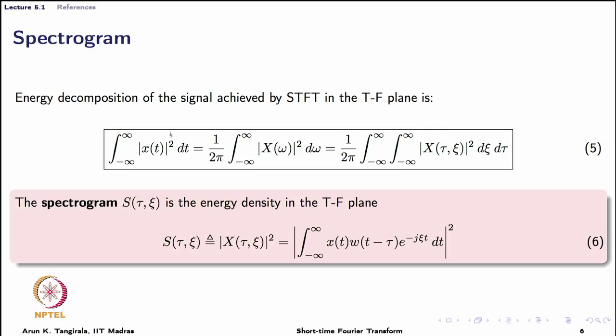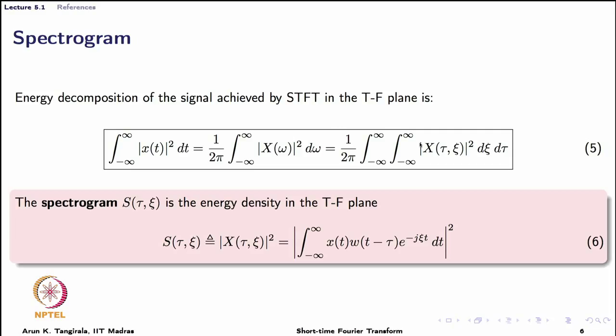Now, equation 5 here gives me the basis for defining the spectrogram as a squared magnitude of the short time Fourier transform. So, I have here on the left hand side the energy of the signal defined in time, and by virtue of Parseval's relation we have seen this expression before. This is the energy in terms of frequency domain variables or Fourier transforms.